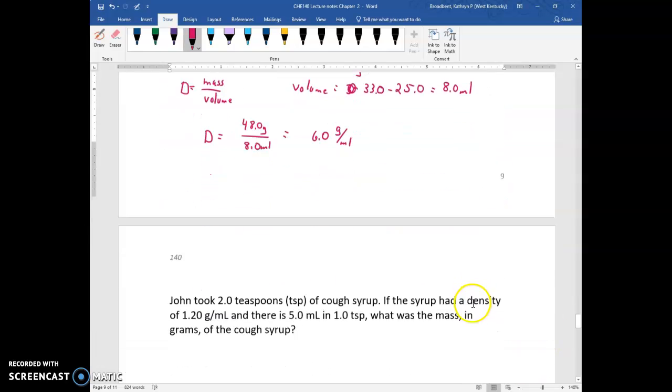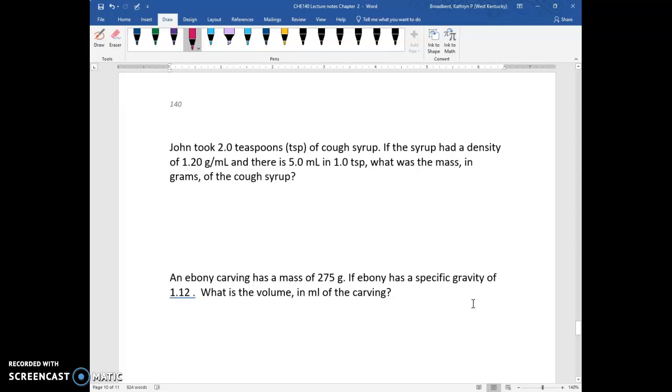Okay, so let's look at another problem. John took 2 teaspoons of cough syrup. The syrup has a density of 1.2 grams per milliliter, and there are 5 milliliters in a teaspoon. What's the mass of the cough syrup that John took?